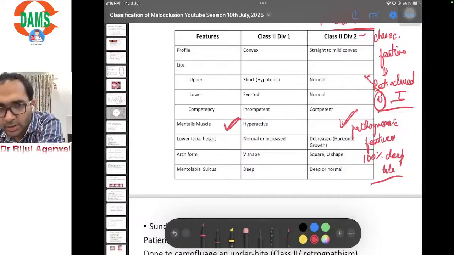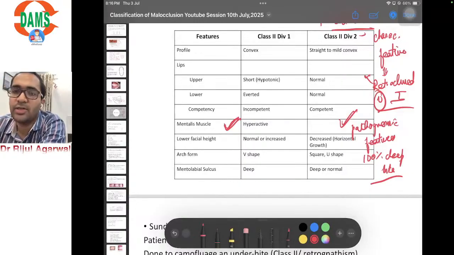Just try to understand the logic or reason behind everything and it becomes easy. You don't have to mug it up. In the exam, if you understand the logic and reason, once you see it, it's done. That's why this table is totally based on logic. First, you need to remember the upper incisors are proclined in div 1, they are retroclined in div 2. Retroclined, so what will happen? Deep bite.